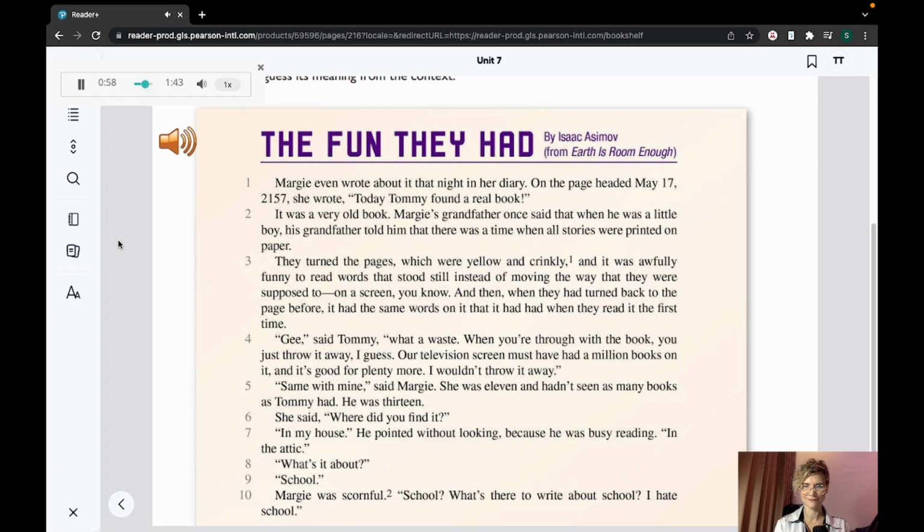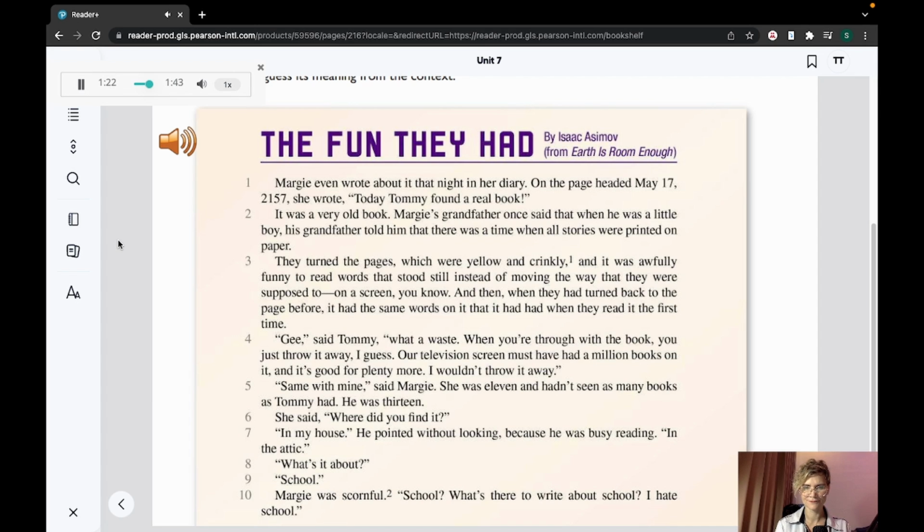"Gee," said Tommy, "what a waste. When you're through with the book, you just throw it away, I guess. Our television screen must have had 1,000,000 books on it, and it's good for plenty more. I wouldn't throw it away." "Same with mine," said Margie. She was 11 and hadn't seen as many books as Tommy had. He was 13.